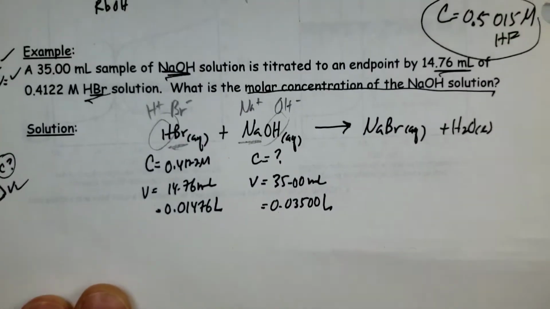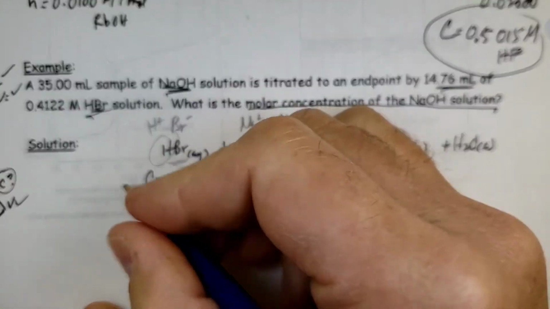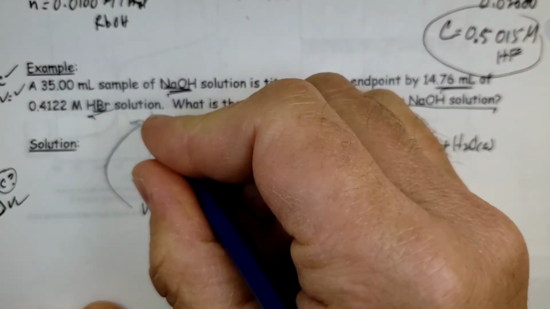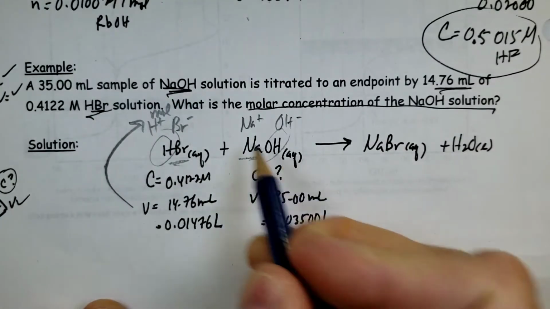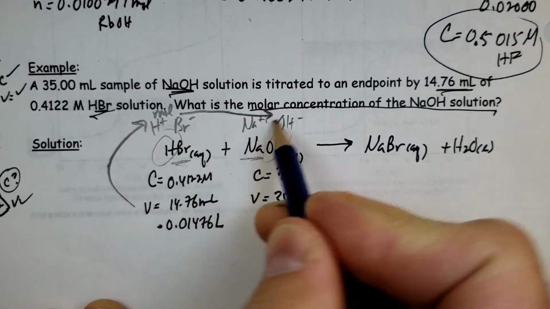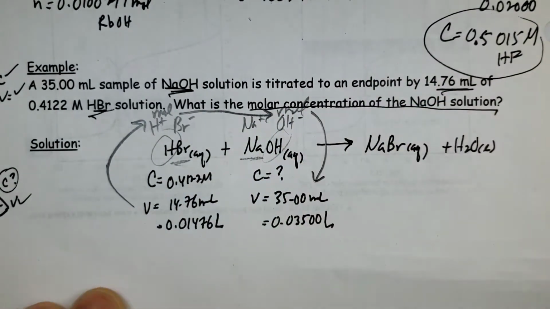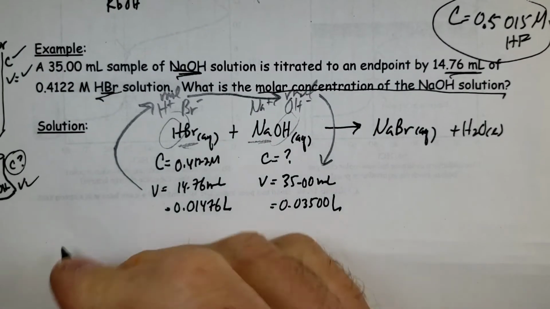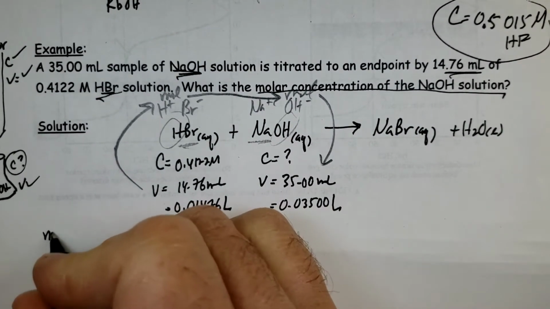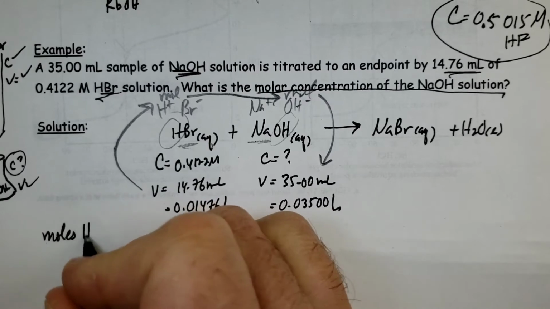So the scheme here: we know C, we know V, so we can figure out the moles of HBr, which will help us figure out the moles of NaOH. And then we can end up here and figure out the concentration of that. So first of all, figuring out the moles of HBr.